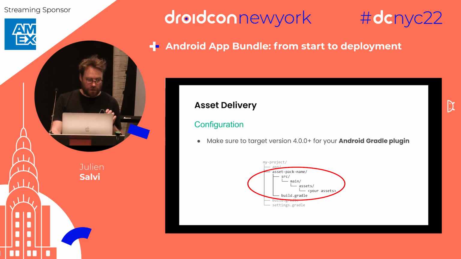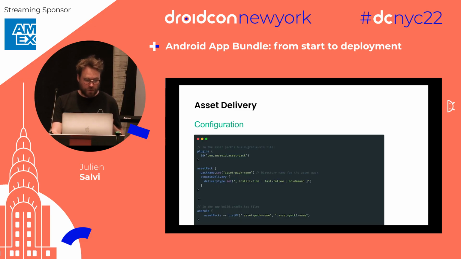You define in the plugin that it's com.android.asset-pack, and then in the assetPack lambda, you define the pack name and the delivery type, whether it's install time, fast follow, or on-demand. And then in your main build.gradle file, all the modules defined as asset packs will be listed as a list of packs here, like all the modules that are needed.